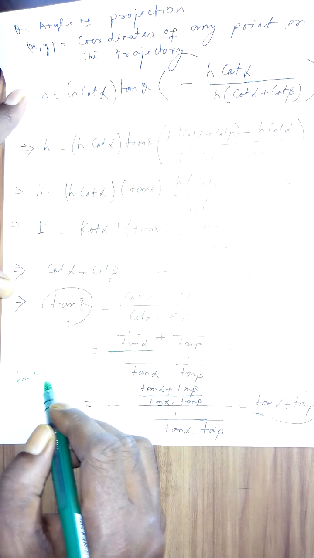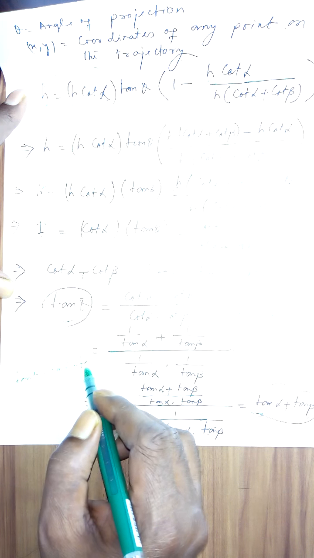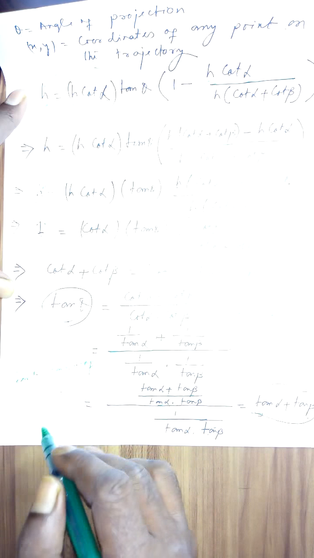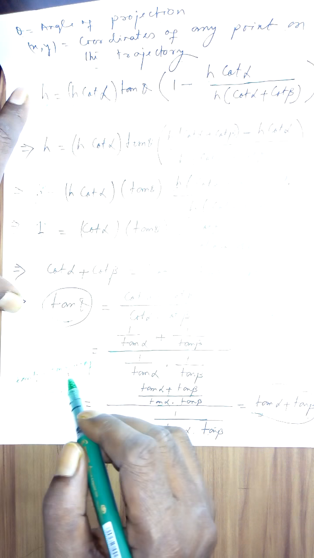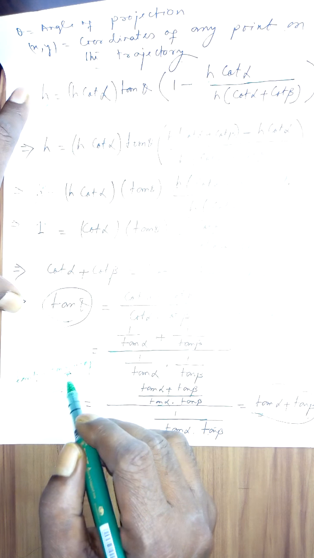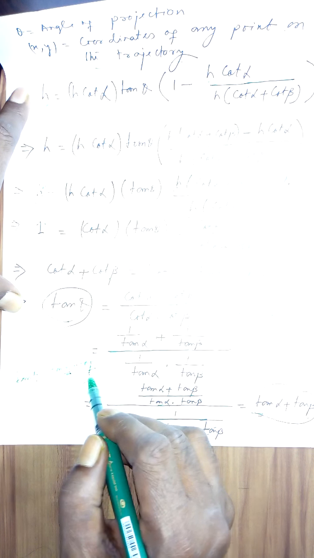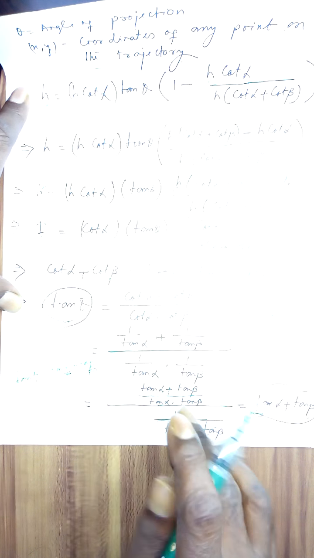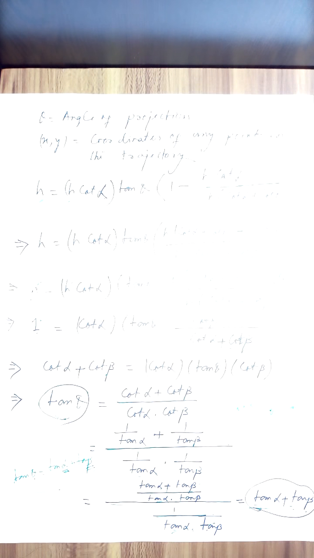So your tan theta is equal to tan alpha plus tan beta, where theta is the angle of projection with the horizontal, alpha is one base angle of the triangle, beta is another base angle of the triangle, and the projectile is grazing the triangle at the vertex A. The projectile with velocity u, making angle theta, is grazing the vertex, starting from one base and falling at the other base.